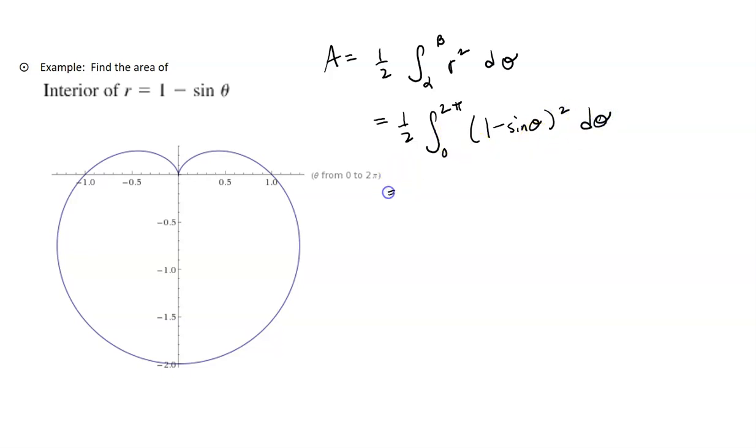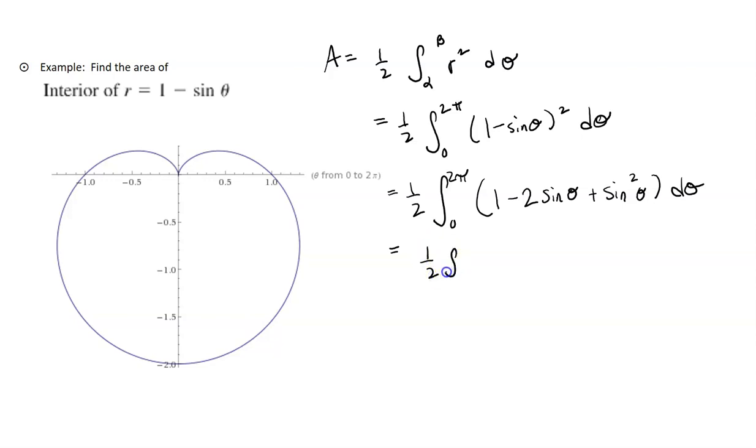So with something like this, we want to go ahead and FOIL that out. So square the first gives me 1, double the product gives me minus 2 times 1 times sine of theta, and square the last gives me plus sine squared of theta, and that's all d theta. So now I'm going to split it, and I'm going to make 3 integrals out of it.